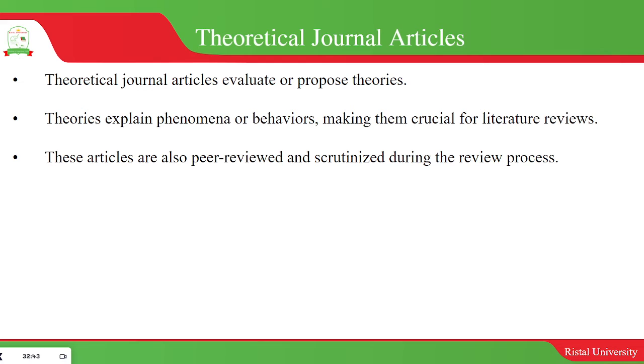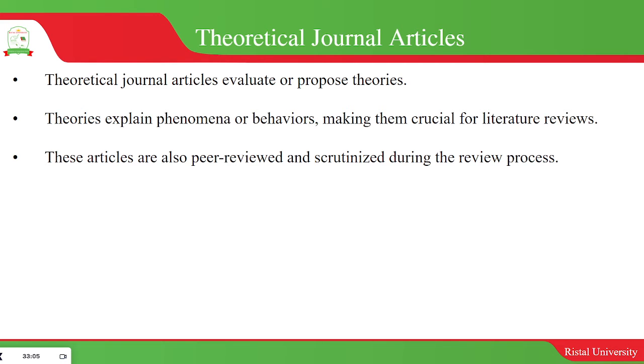And then we have what you call theoretical journal articles. These ones evaluate theories. Okay, they have theories on different phenomena or behavior. So they are used for evaluating these different theories.